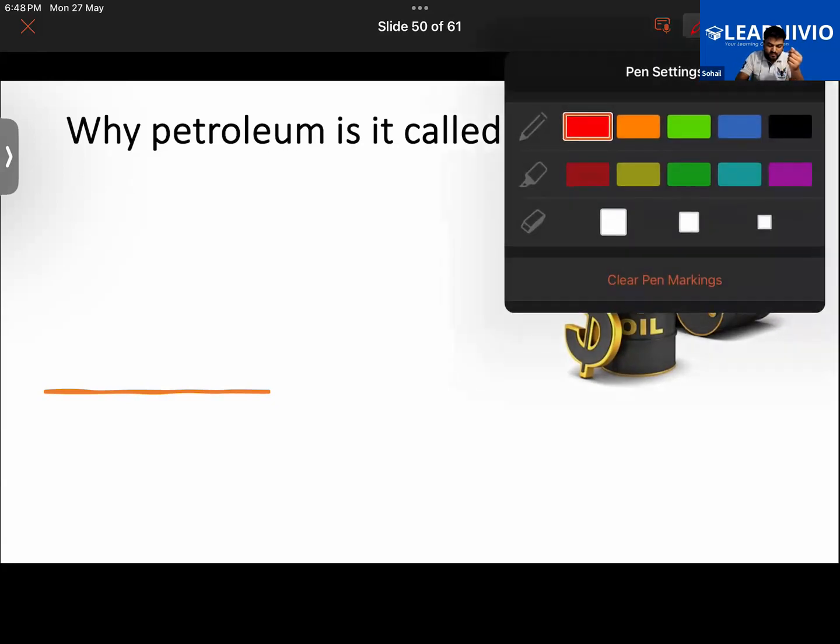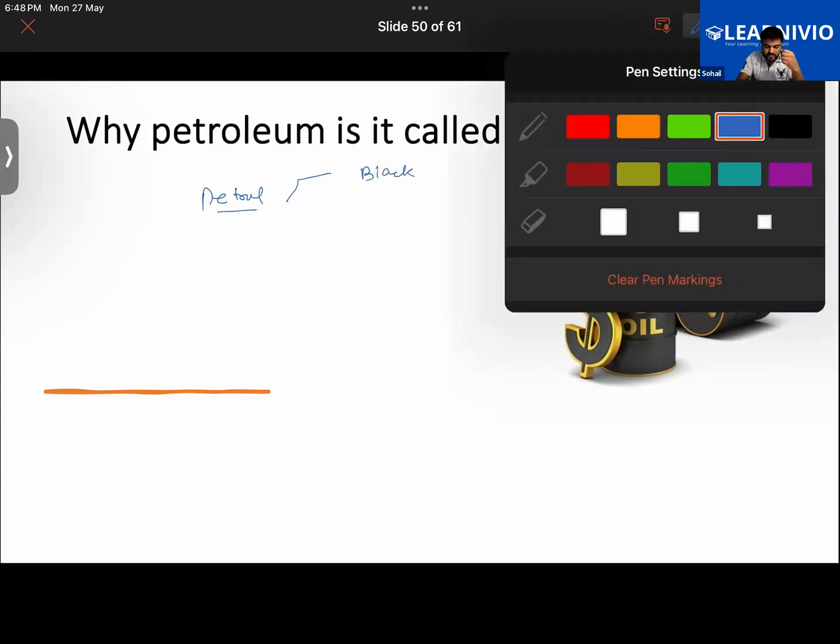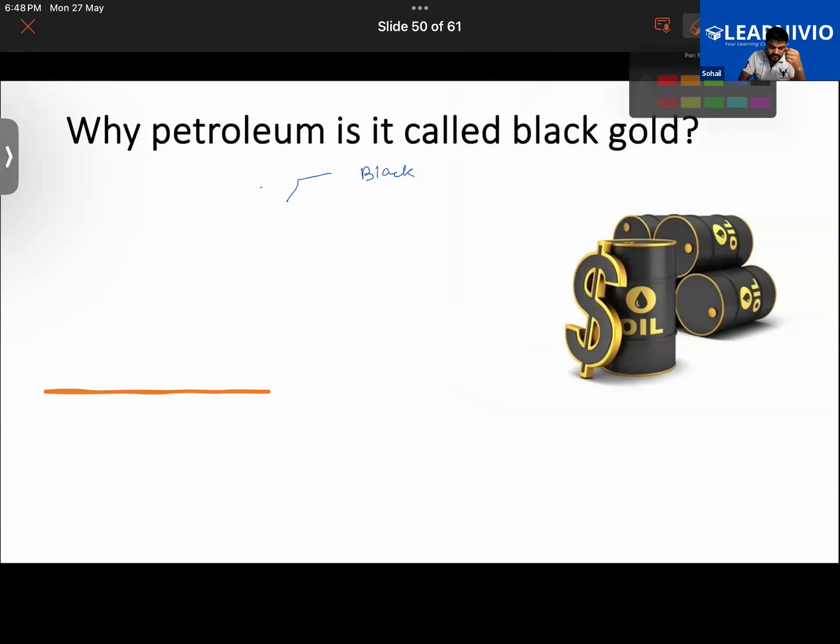See, the first thing is that it is black in color. Not particularly petrol, we are talking about petroleum. Petroleum in its crude state is black in color. Another thing is that it has so much economic value. It is so difficult to find and so difficult to extract from the earth.